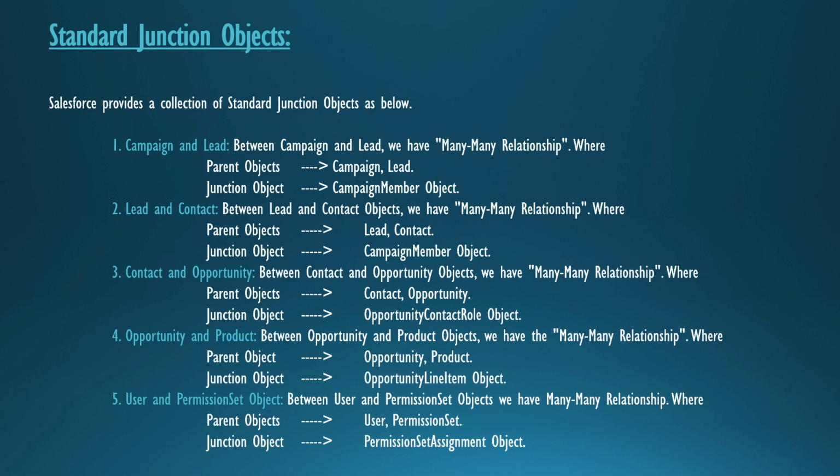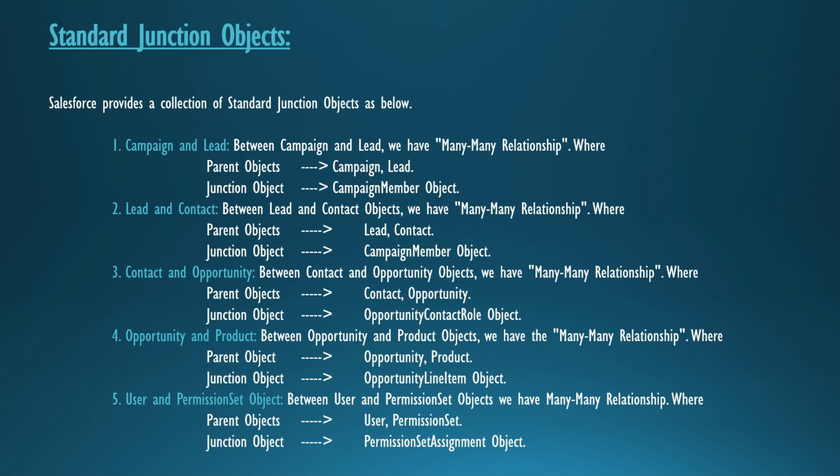3. Contact and opportunity. Between contact and opportunity objects, we have many to many relationship, where parent objects are contact and opportunity. Junction object is opportunity contact role object. 4. Opportunity and product. Between opportunity and product objects, we have the many to many relationship, where parent objects are opportunity and product.